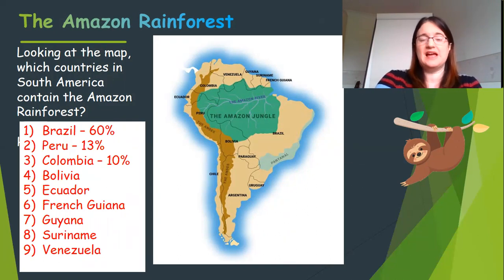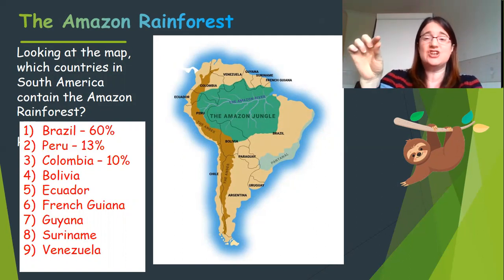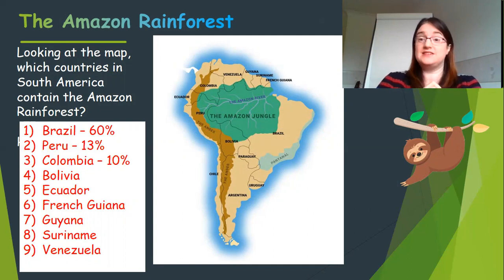And there's quite a significant bit in Colombia as well, so there's 10% in Colombia. And then it just scratches through a number of other countries. So it goes through Bolivia, Ecuador, French Guyana, Suriname, and Venezuela. So they are the 9 countries that are inside the line of the Amazon rainforest.